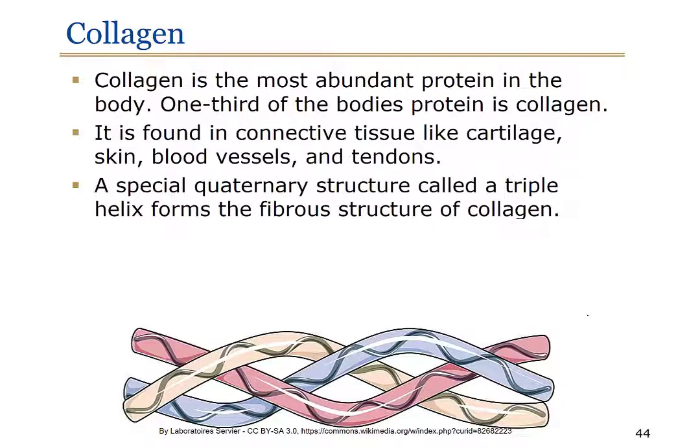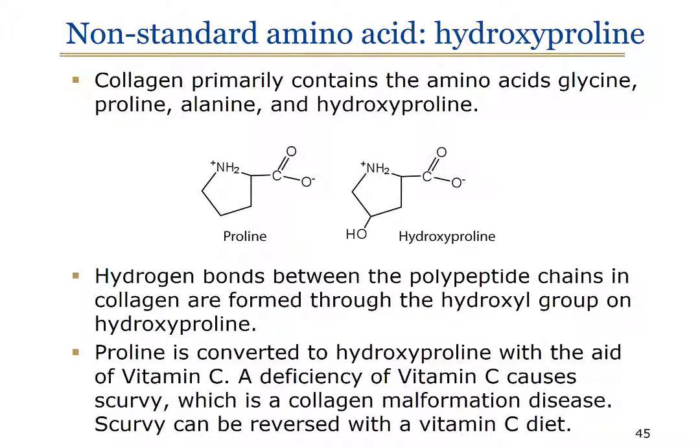There's another example of this fibrous protein called collagen. It's found in connective tissue, and again, it's a helix, but in this case you have a coil of 3 helices forming the repeating structure of the collagen. Collagen has a little interesting twist to it.